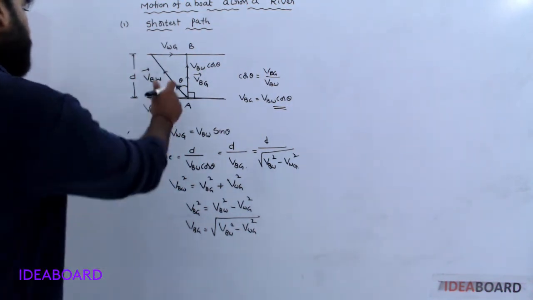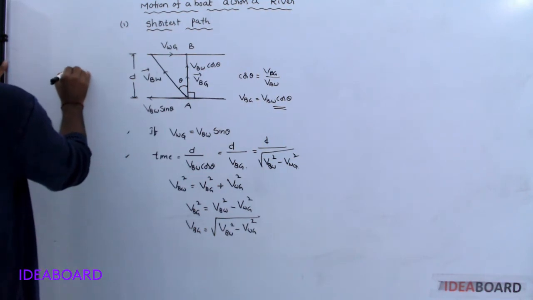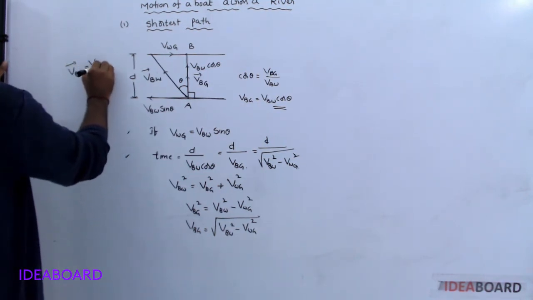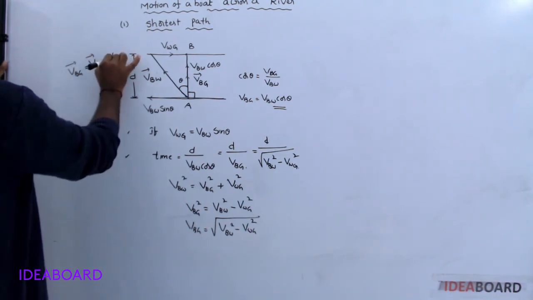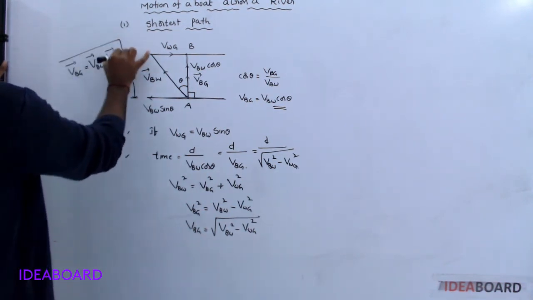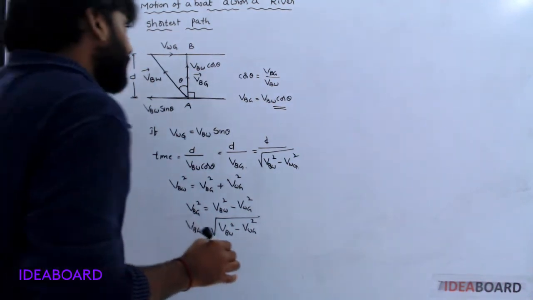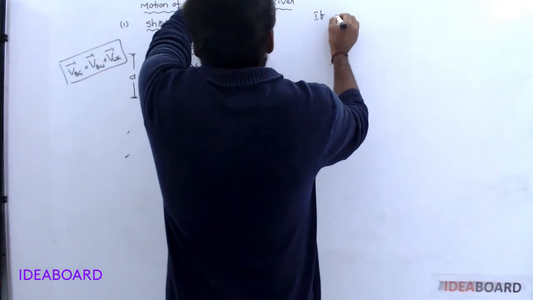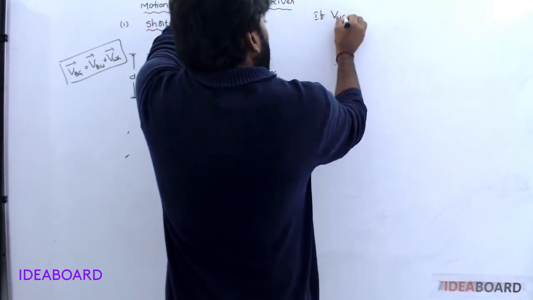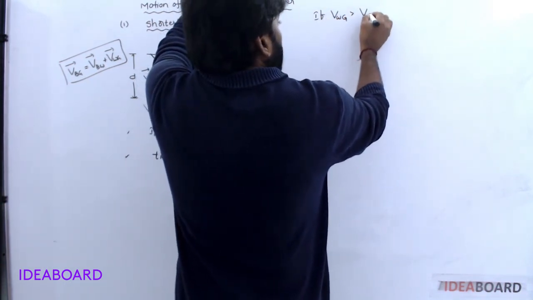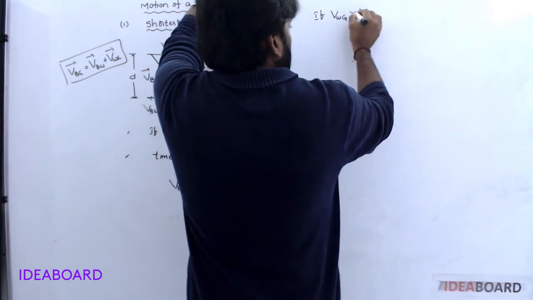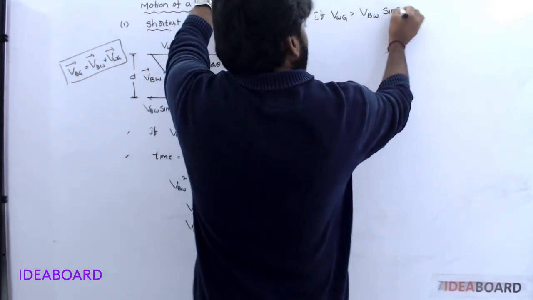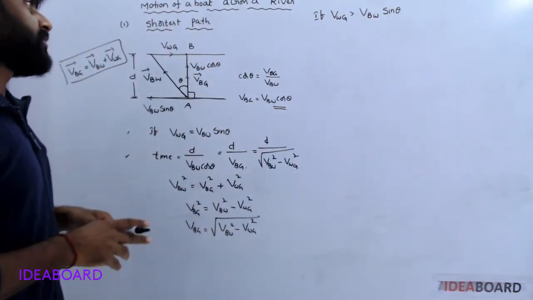Okay. In vector notation, you write boat with respect to ground is equal to boat with respect to water plus water with respect to ground. Understood? In the second case, if water velocity with respect to ground is greater than boat with respect to water sine theta, understood?